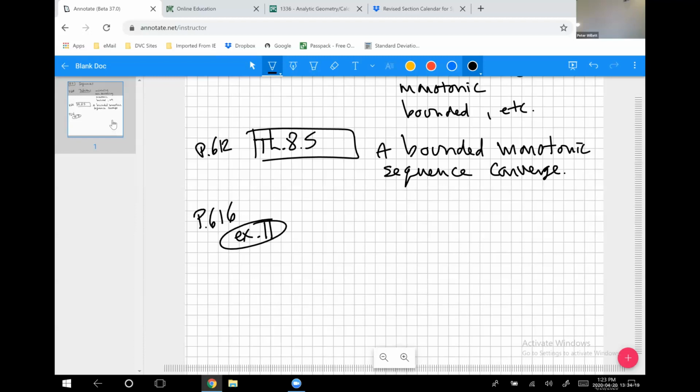In 11, the sequence is in set notation and they give a formula for it: 3n cubed minus 1 over 2n cubed plus 1. And again, find the limit or say if it diverges.